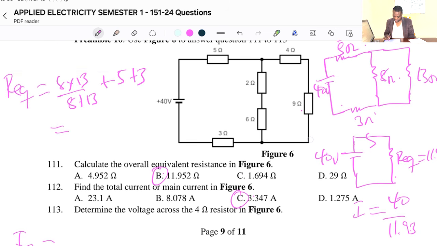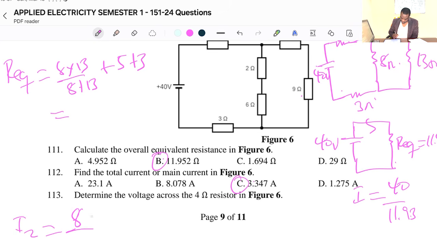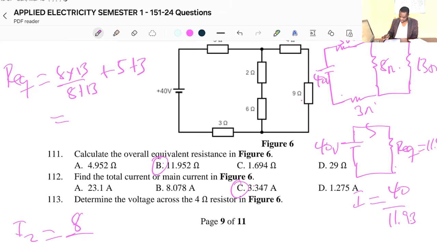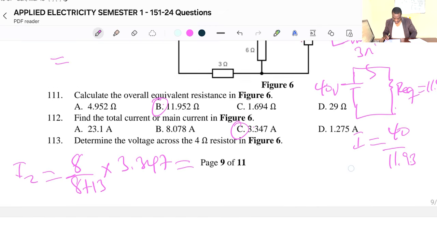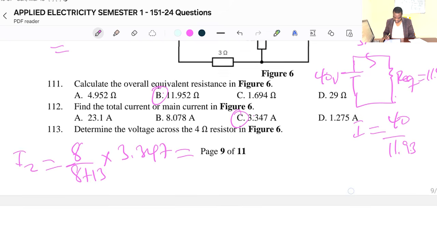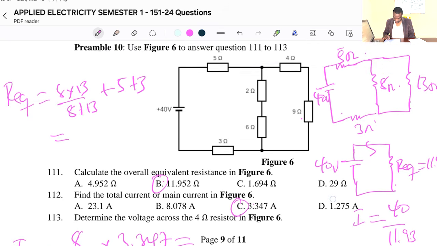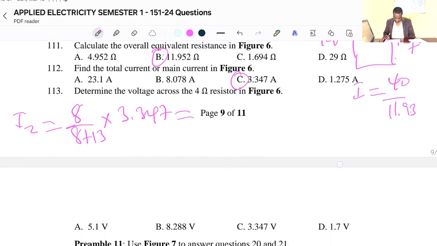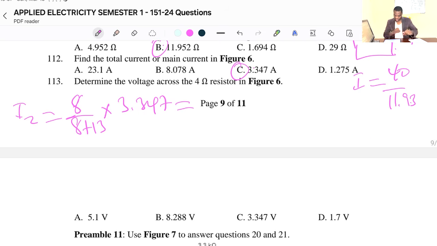So if I enter this current, we know that this 13 is in parallel with 8 ohms. So we take the 8 ohms over the sum of the resistors in parallel. That will be 8 over 8 plus 13 times 3.347. And what do I get?